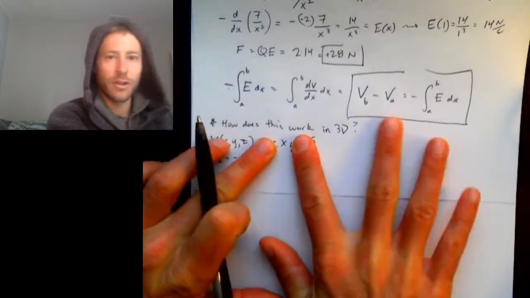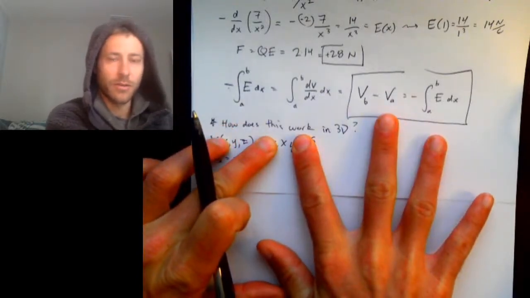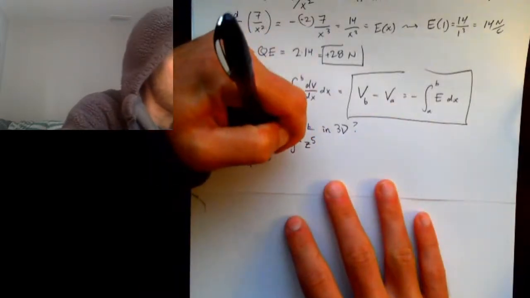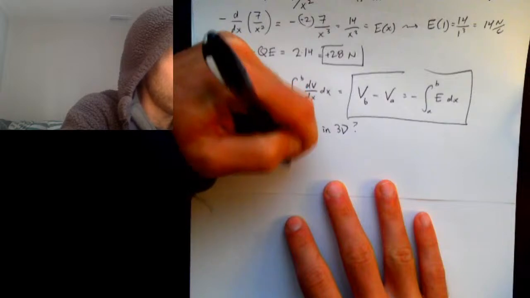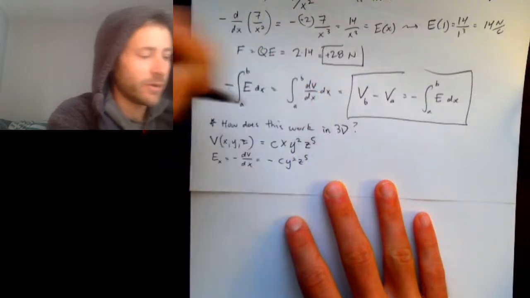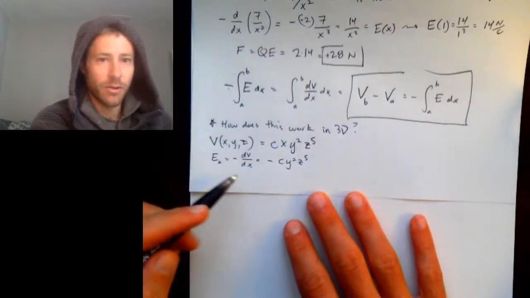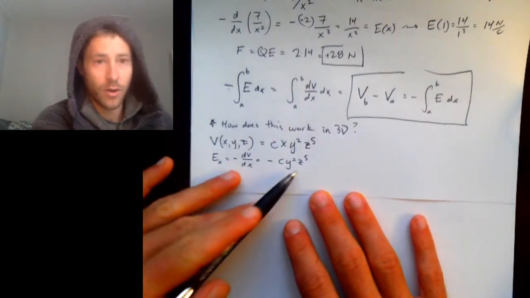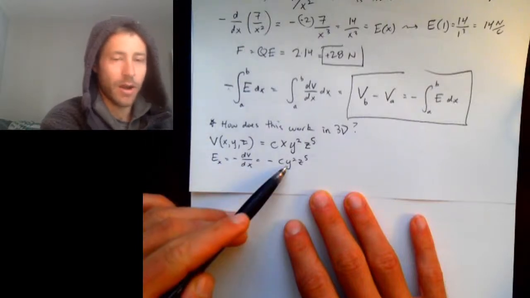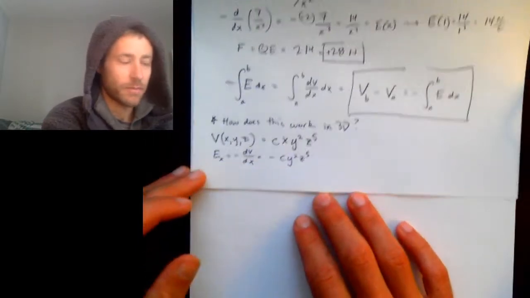So all these are constants, and I'm just taking the derivative of x, which is 1. Okay? So I would have minus c y squared times z to the 5th. So the x component of the electric field depends on where you are. It depends on both your y coordinate and your z coordinate.